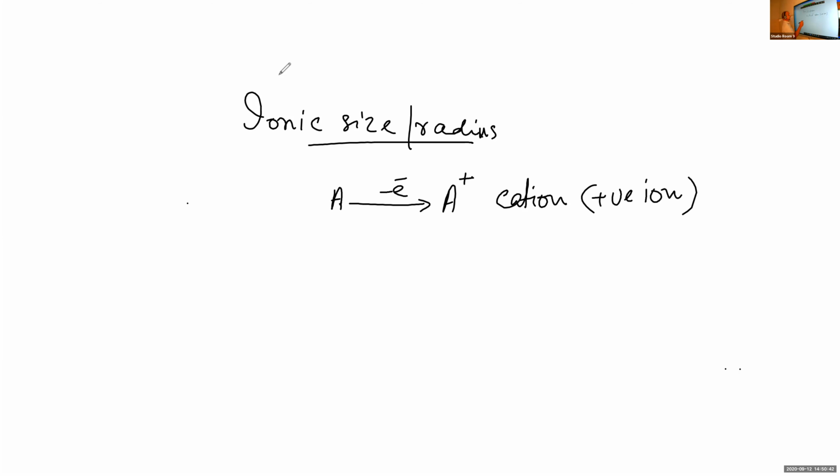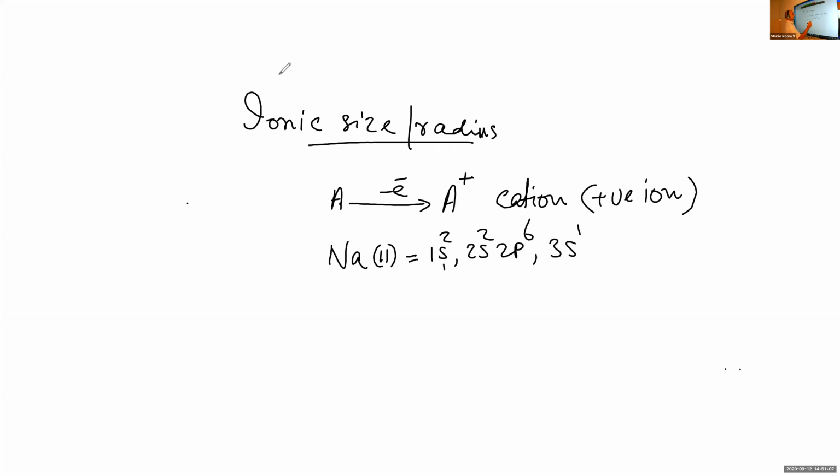Say for example, take sodium. Sodium, atomic number is equal to 11, and the electronic configuration will be 1s2, 2s2, 2p6, then 3s1. Atomic number 11, so there are 11 electrons.